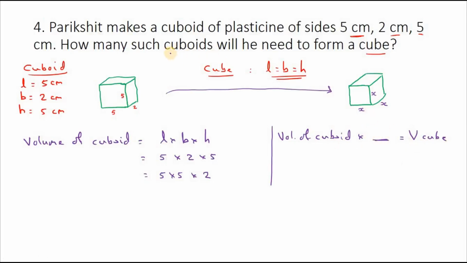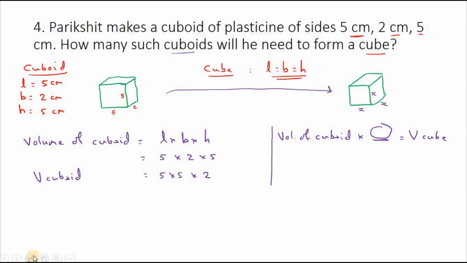How many such cuboids will be required? Number of cuboids multiplied by volume of one cuboid will be volume of cube. If I write, volume of the cuboid is equal to 5 into 5 into 2.